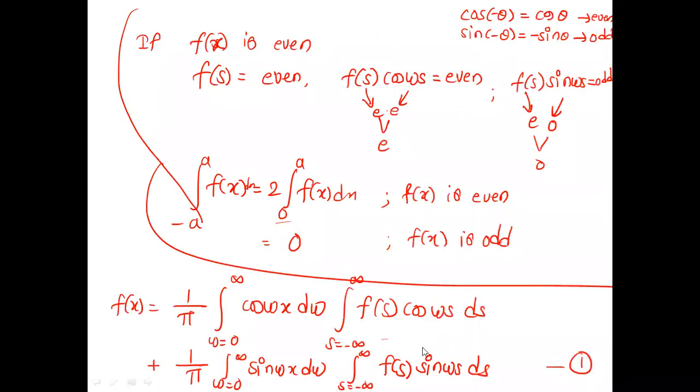Here we have seen that this is even, so even becomes 2 times 0 to infinity. 2 will come here, 0 will come here. And this is odd. The integration of odd is 0, so 0 into anything, this part is totally 0. So the remainder is this one.